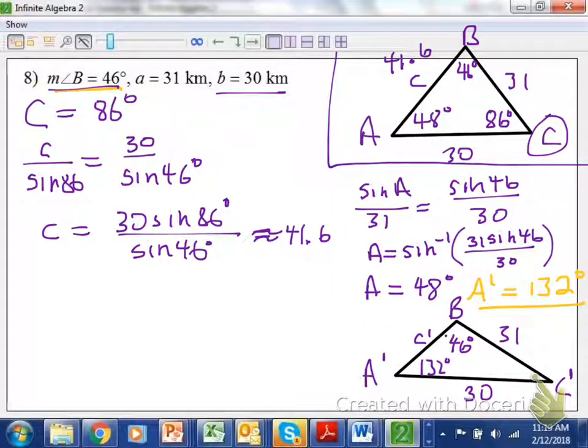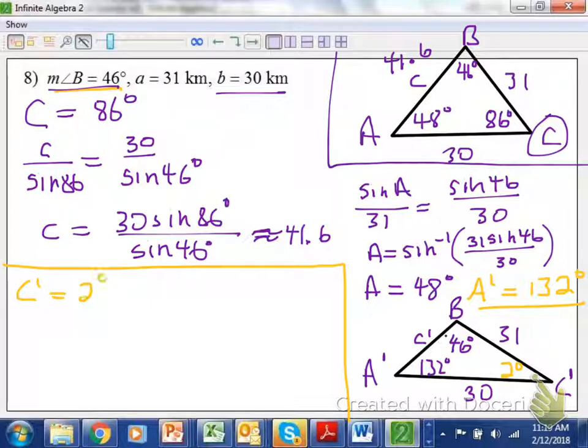All right, now to find the values in the second triangle, let's finish it up. Angle C prime is 46 and 132 is 178, which means that angle there is a little bitty, 2 degree angle.